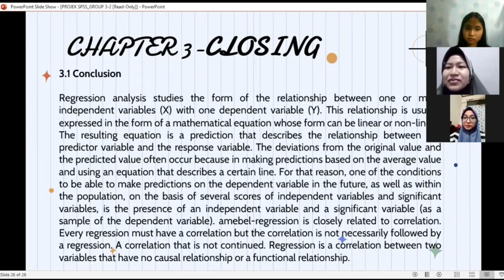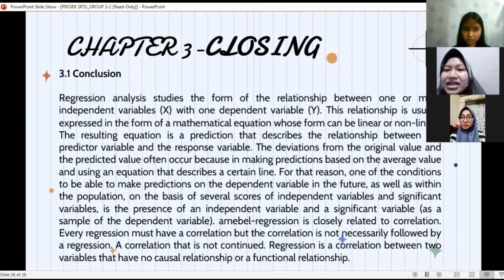The deviation from the original value and the predicted value often occurred because in making predictions based on the average value and using an equation that describes a certain line. For that reason, one of the conditions to be able to make predictions on the dependent variable in the future, as well as within the population on the basis of several scores of independent variables and significant variables, is the presence of an independent variable and a significant variable as a sample of the dependent variable.